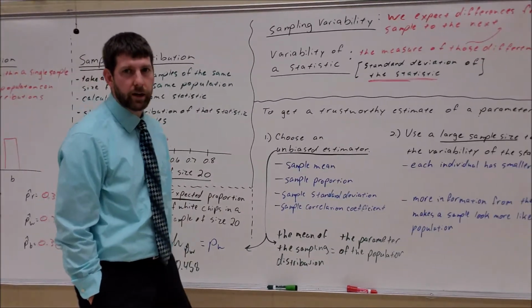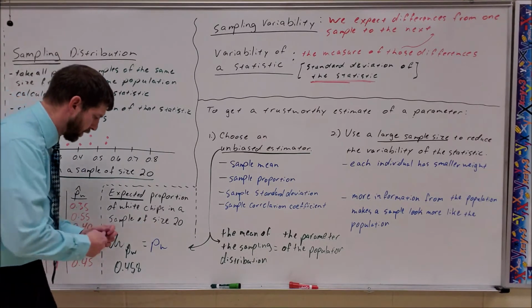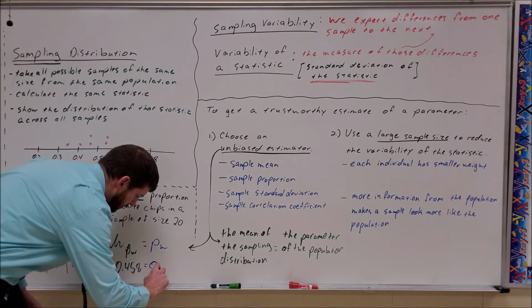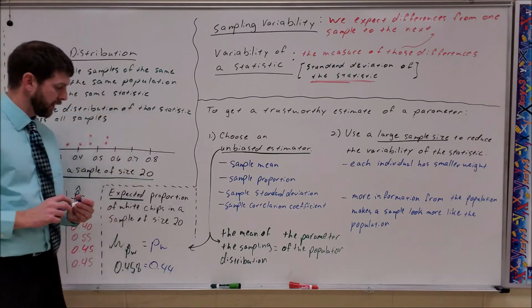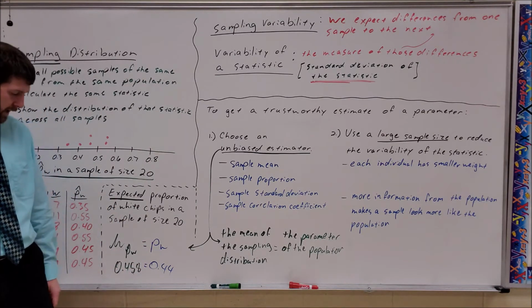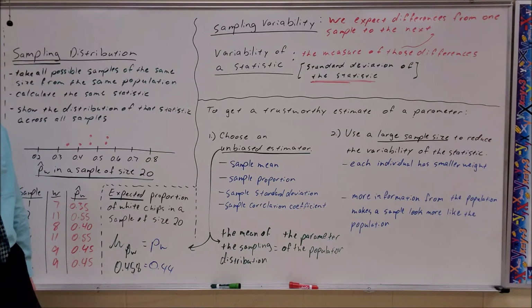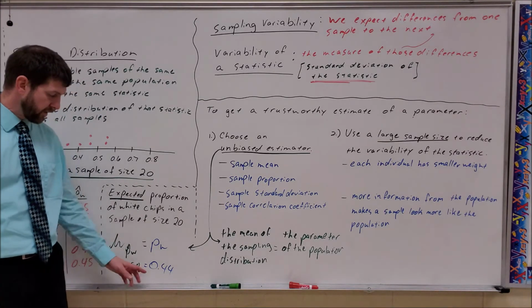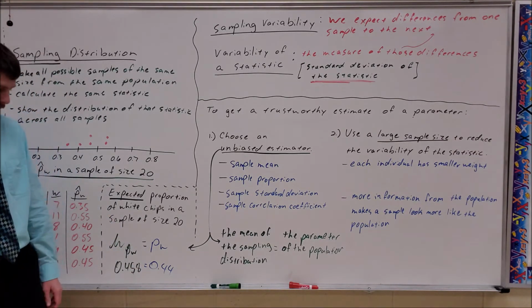That's kind of interesting right here, that 0.44 is really, really close to what we have just in a few samples. So more samples means we would have gotten even closer to that 0.44.